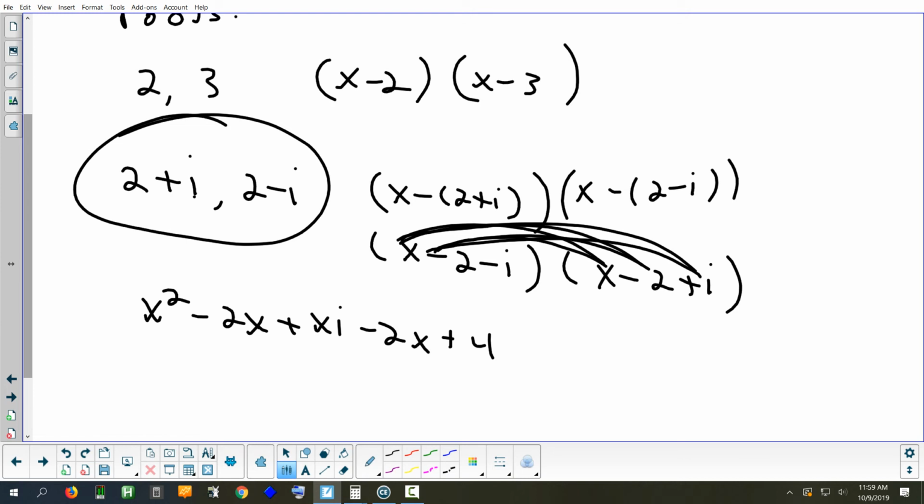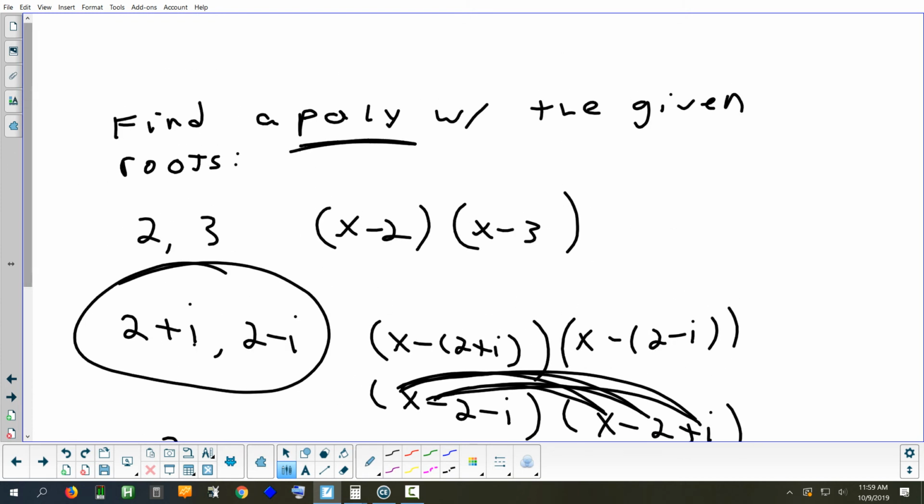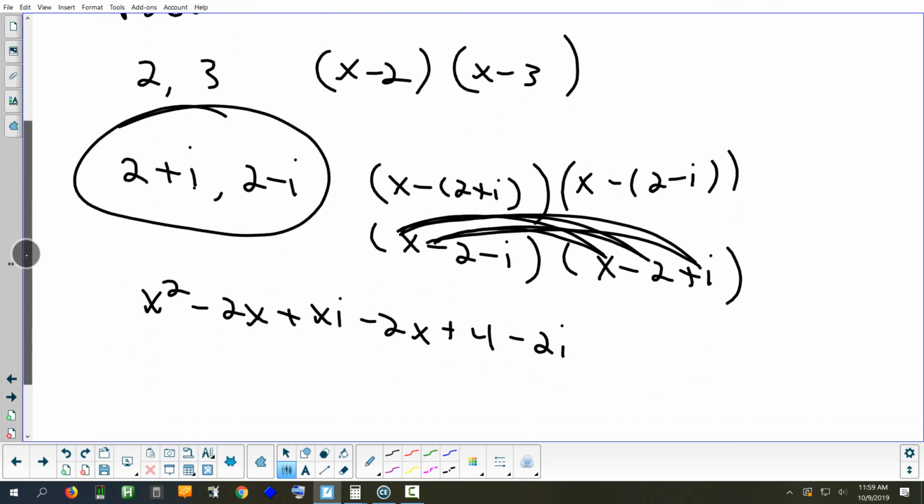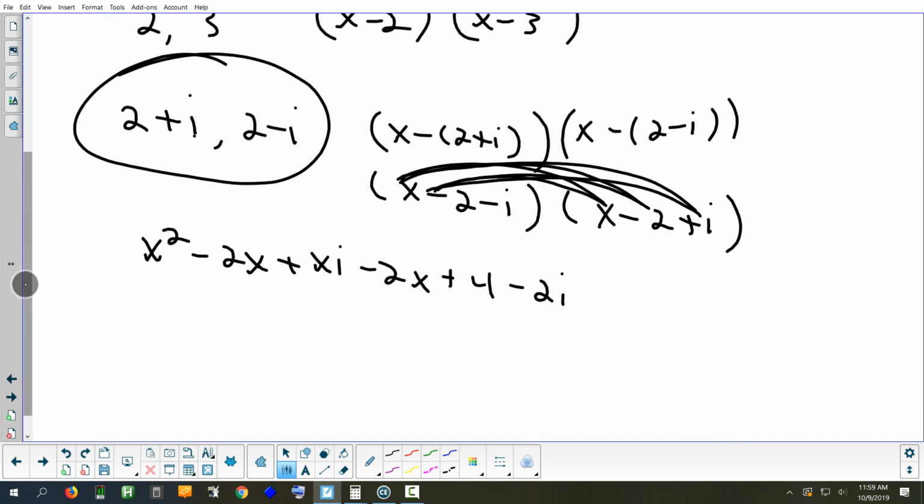Now, look what happens. Plus 2i, minus 2i. Minus xi, plus xi. All the i's disappear. So when you're finding a polynomial with imaginary roots, when you do this, all your i's should just go away. So x squared minus 4x plus 4 plus 1.